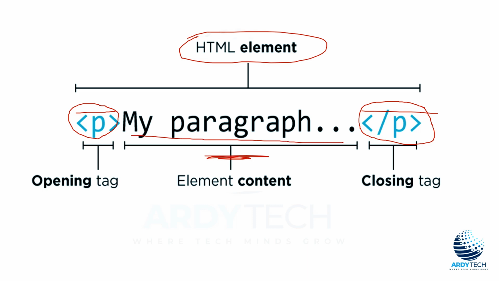If you run this on the browser, you will not see these tags. These tags will not be shown on your web page. The reason being, these are just directors. They give directives to the browser that we want you to display this information on your web page. So the combination of opening and closing tag together with the content is what we refer to as what?